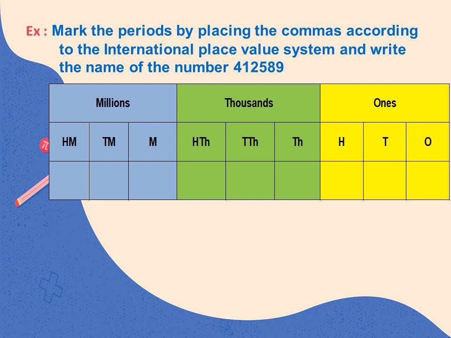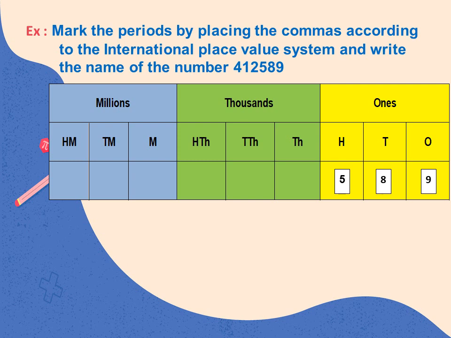So 9 comes in ones place, 8 comes in tens place, 5 comes in hundreds place. So the digits 5, 8, 9 are in which period, children? That is in ones period.